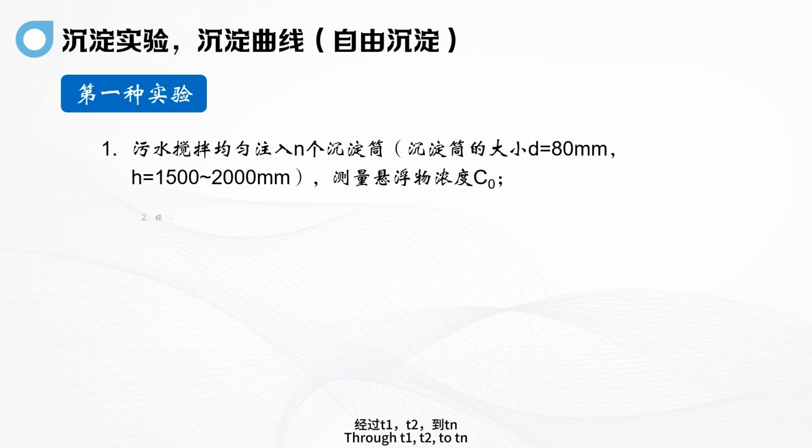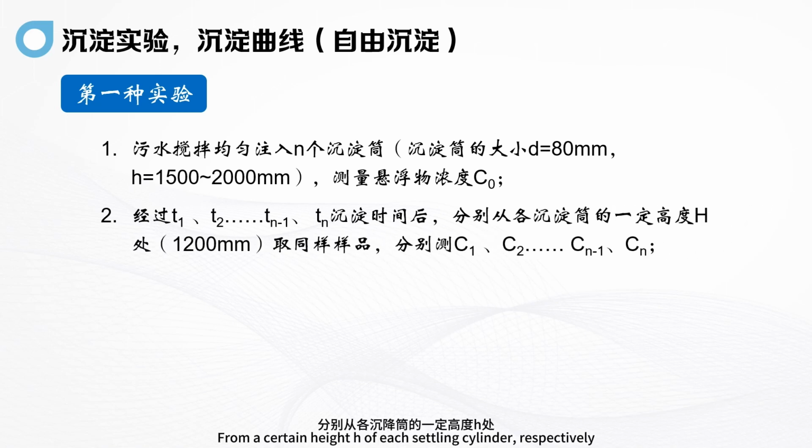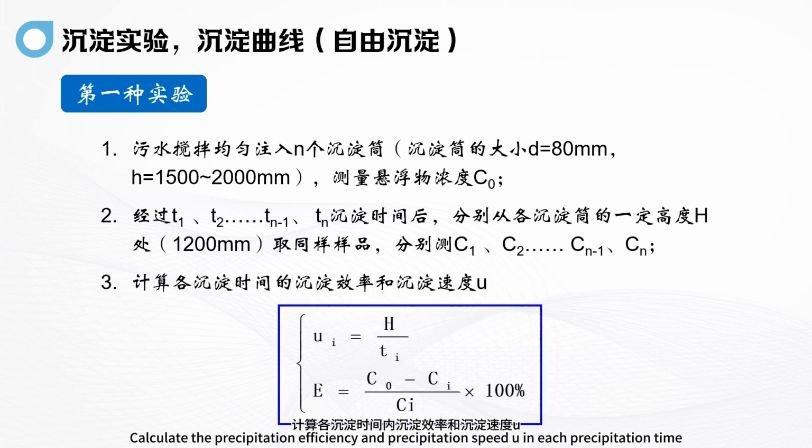Through T1, T2, to Tn settling time, from a certain height h of each settling cylinder, take the same sample and measure its concentration separately. Calculate the precipitation efficiency and precipitation speed U in each precipitation time. Then, one of its precipitation velocities can be calculated. The precipitation rate U is closely related to the removal rate, E.